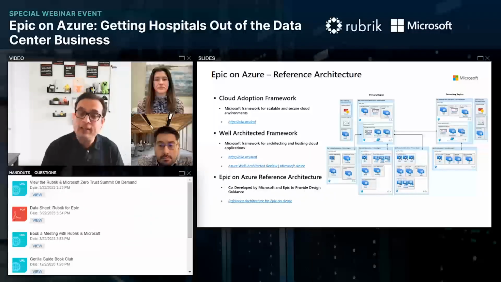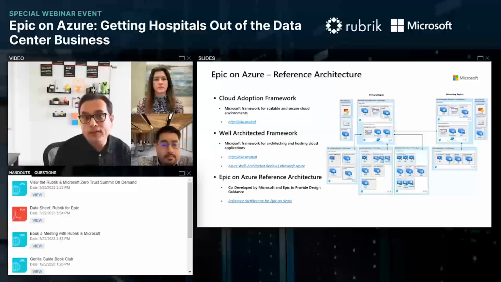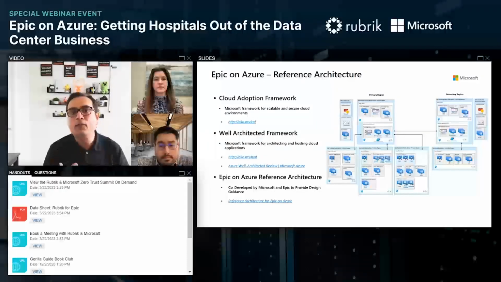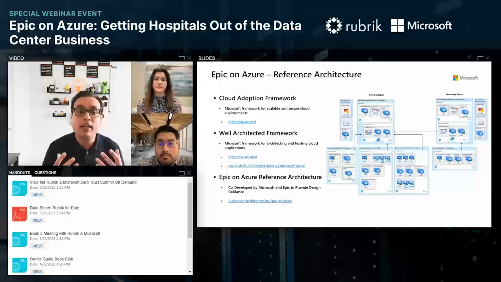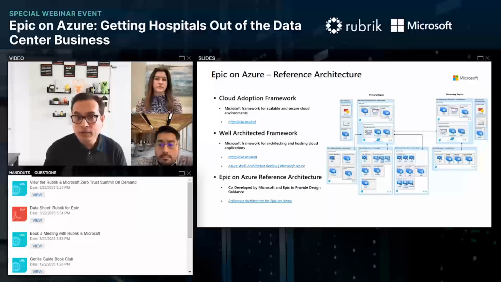We also have some optimization best practice guidance as part of the Azure Well-Architected Framework. This is where we are focusing on a specific area, because we learned from customers that EPIC is their most critical application. So how can they increase the reliability of the deployment? How can they optimize the cost, because we still charge, right? What are the best practices for that? How do I optimize the performance?